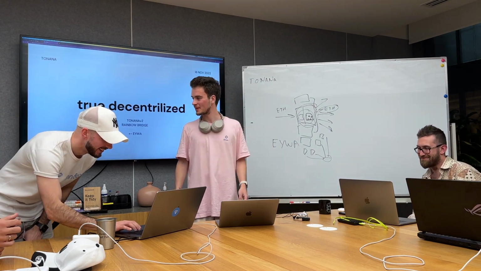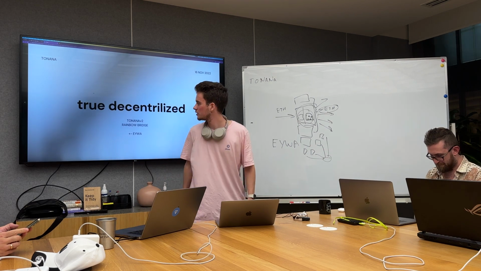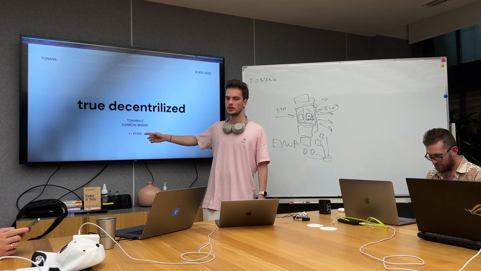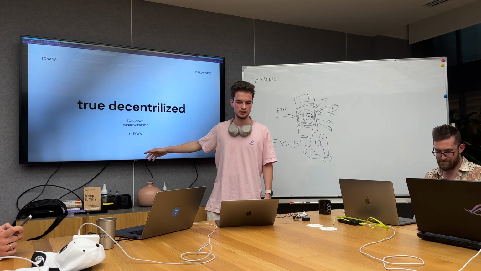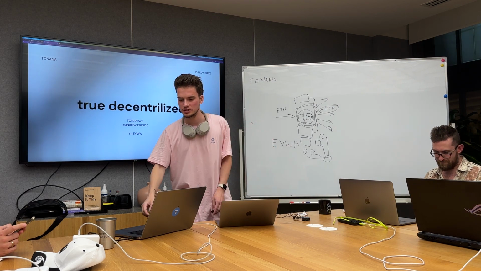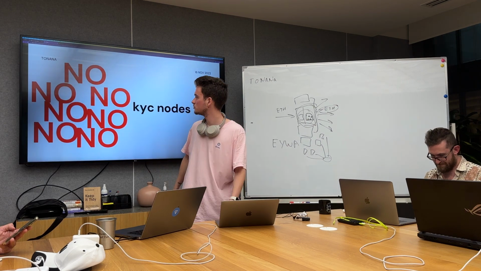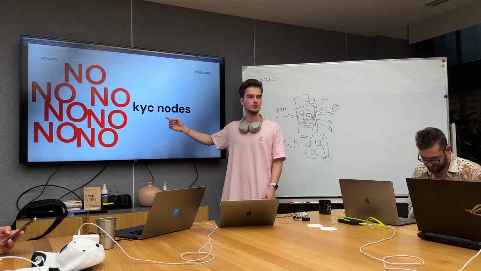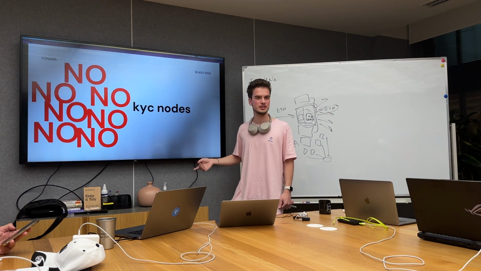That's it. So, I would also like to say that on the market right now we have only Ava, but I write here plus minus. That means that they have a really sad bottleneck. They have KYC nodes, and this is not something you want in your decentralized system.